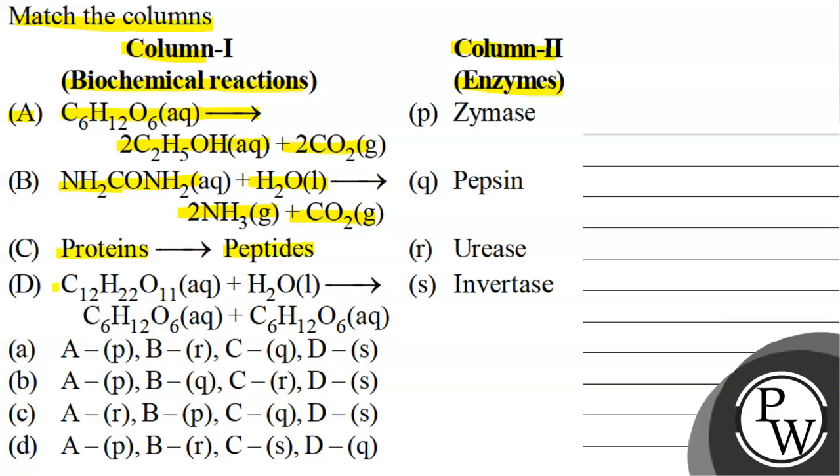D, C12H22O11 in aqueous state plus H2O in liquid state gives glucose C6H12O6 plus C6H12O6 in aqueous state. And column 2 में हमें दिया हुआ है zymase, pepsin, urease and invertase. And these are the options that have been given to us.